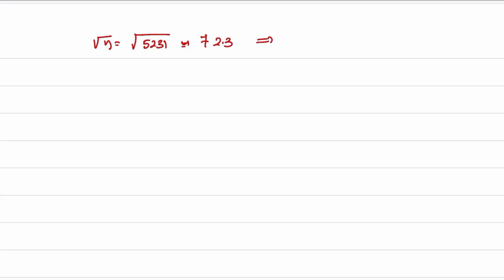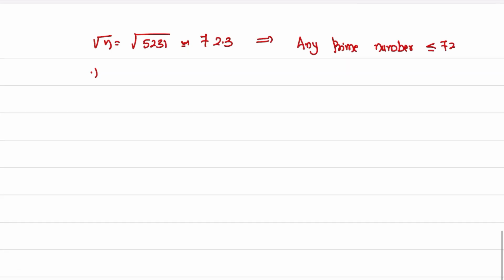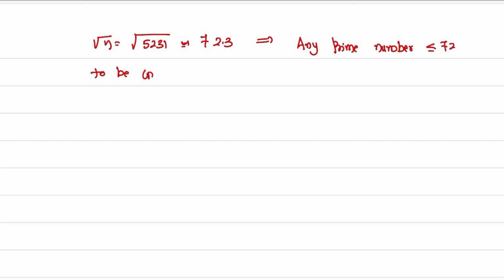That means any prime number less than or equal to 72 is to be considered and checked whether that is a factor for this number or not. What are the prime numbers less than or equal to 72? We have already checked 2, 3, 5. We need not cross check again.